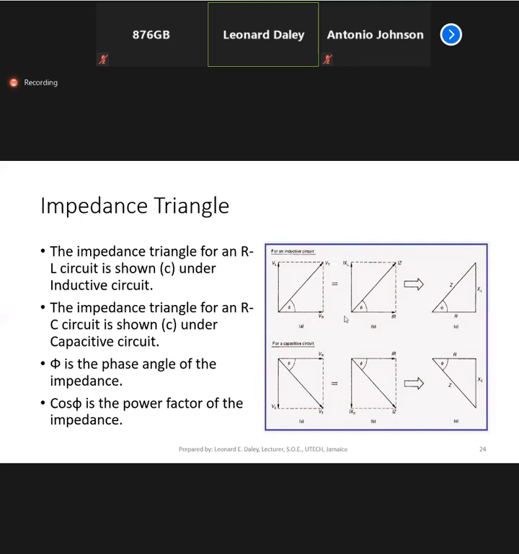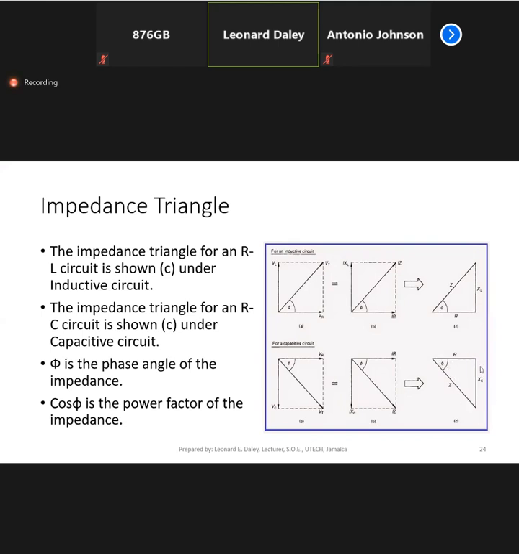The X stands for reactance, so XL is an inductive reactance. In the impedance triangle, XL points vertically upwards, and Z is the phasor sum of R and XL. And down here we have the impedance triangle for an RC circuit.